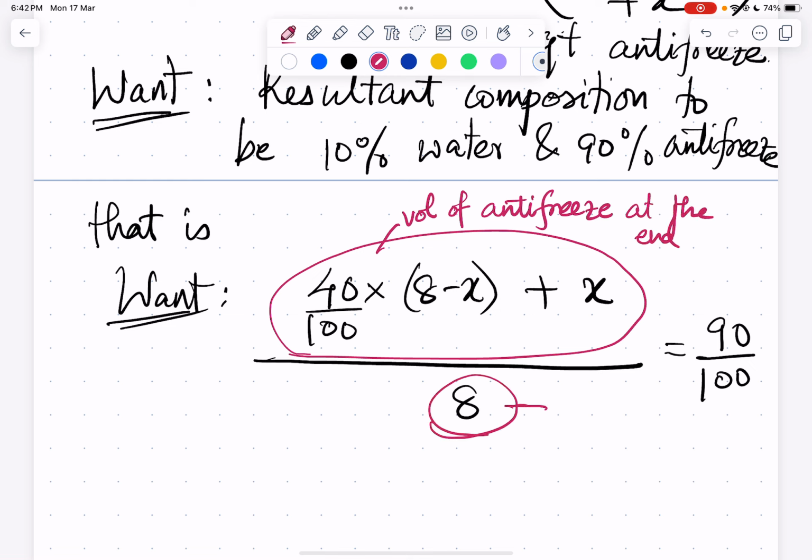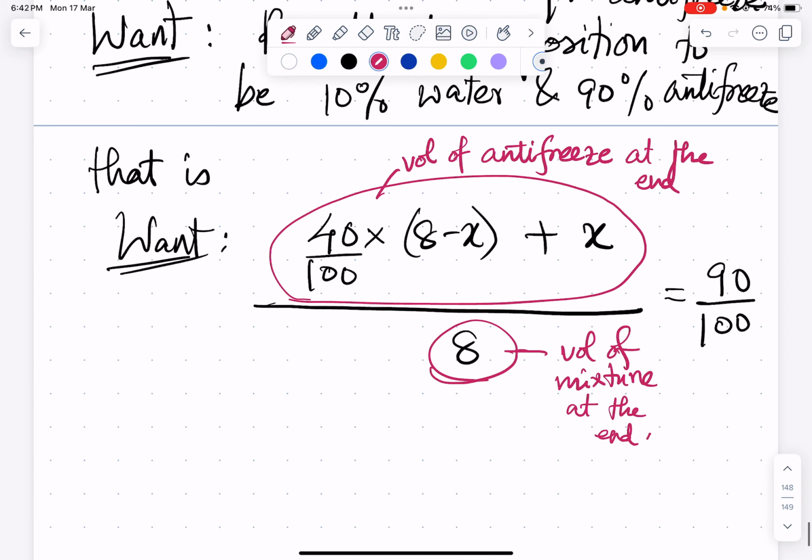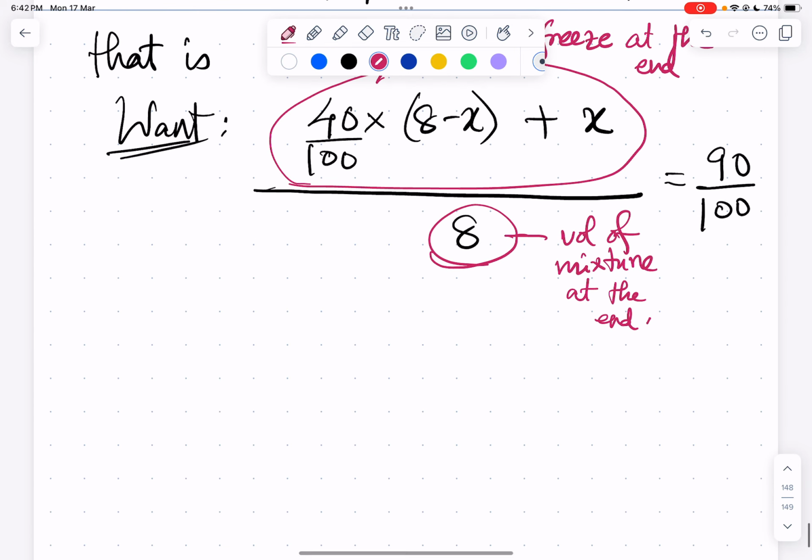So this is volume of mixture at the end. So we want this ratio to be 90 by 100. Hence we can simplify this, right?